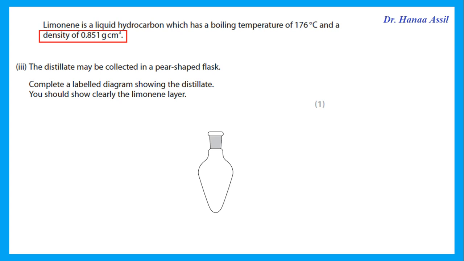That means it is less than 1. Remember that the density of water is 1. So anything with lower density than 1 would float on water. So when we have the limonene with the water, the upper layer is the limonene and the lower layer is water.